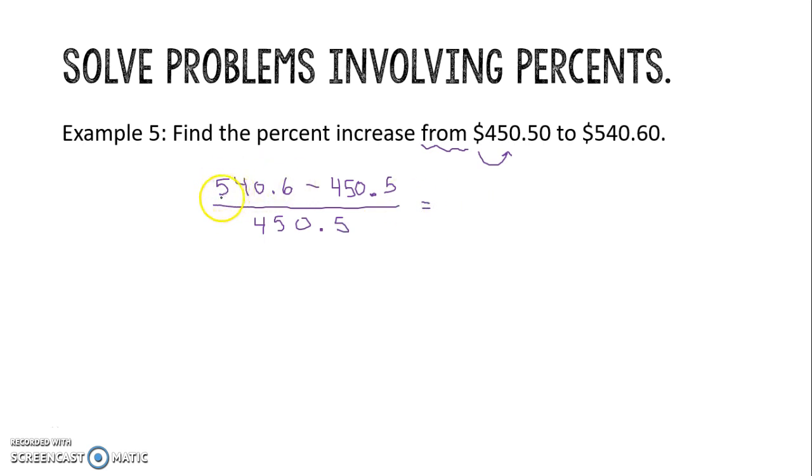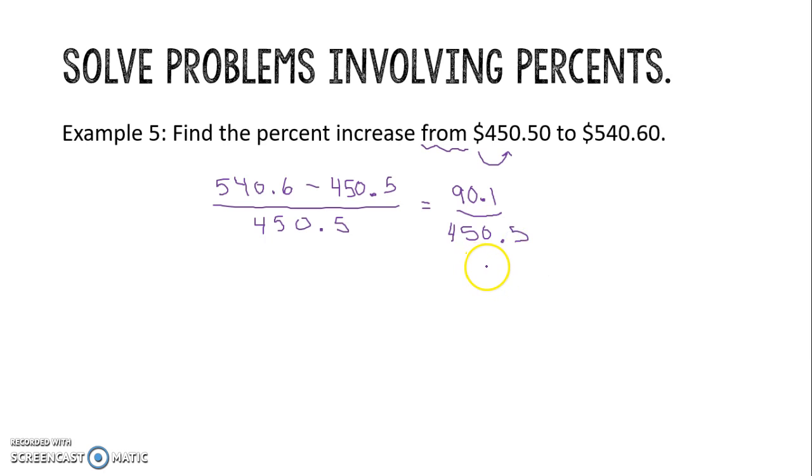So once again, we're going to take 540.6 minus 450.5. You can use a calculator to double check your work. We get 90.1 over 450.5.